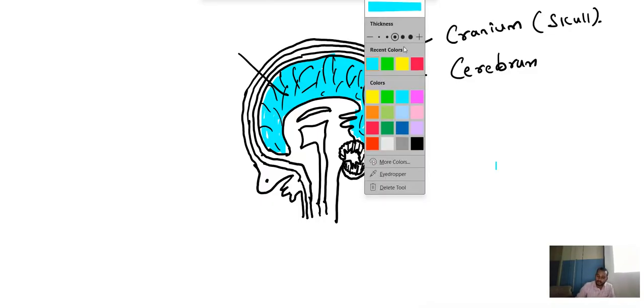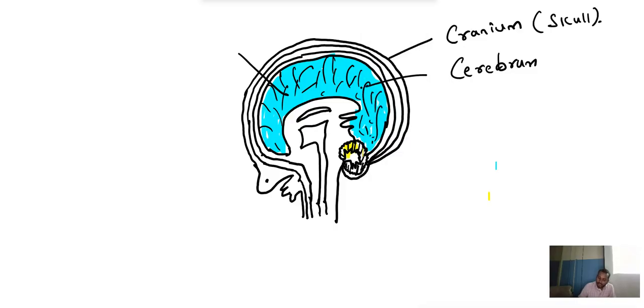Again, I have found most of the students make this mistake between cerebrum and cerebellum. And here, can you see this shape? This part is called the cerebellum.